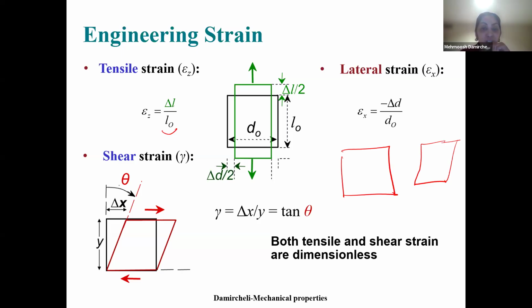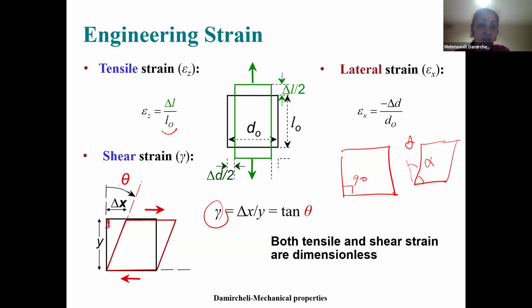How much change? For example, first it was 90, now it is alpha. The change we call theta, and in this triangle, tangent theta is delta x per y, yeah? And we call this tangent theta gamma, or shear strain. So shear strain is the change in the angle of the cross-section area.